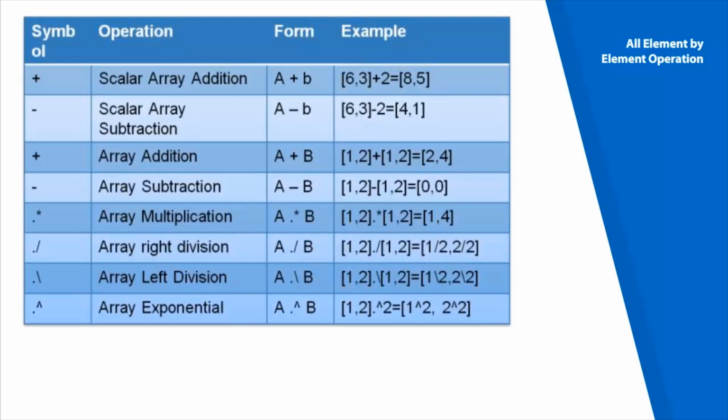Then we have dot star, that is array multiplication, A dot star B, an element by element multiplication. Similarly, we have right division, A dot division operator B, which is right division. And we have array left division with the dot left operator, and we have array exponential, that is A dot raised to power B. We will discuss left and right division a little later in the course.